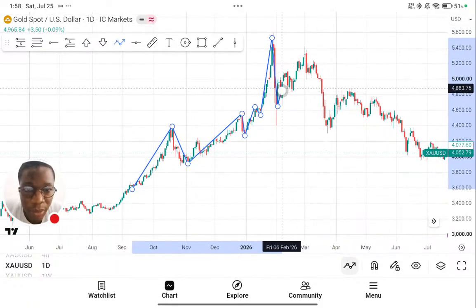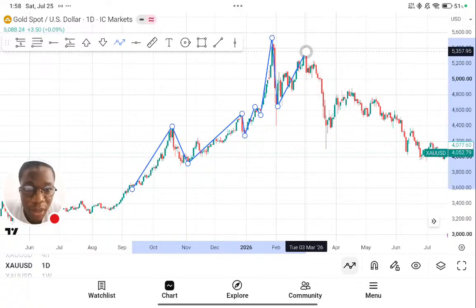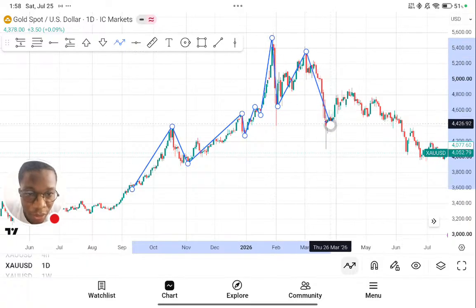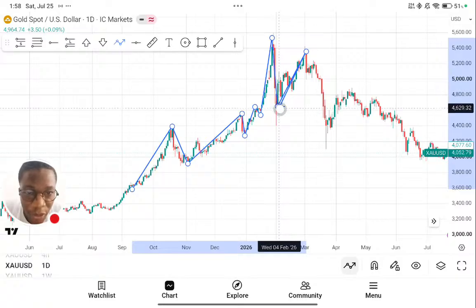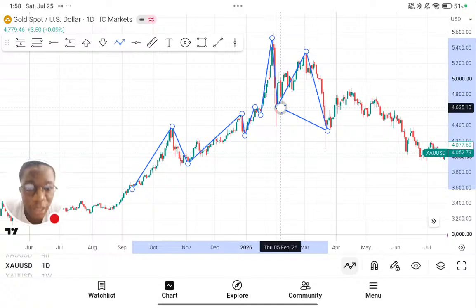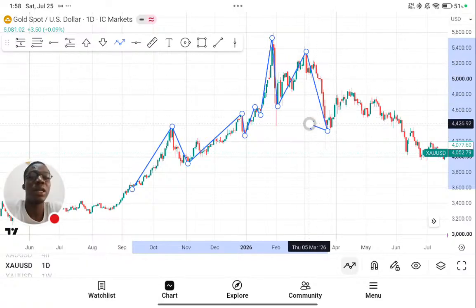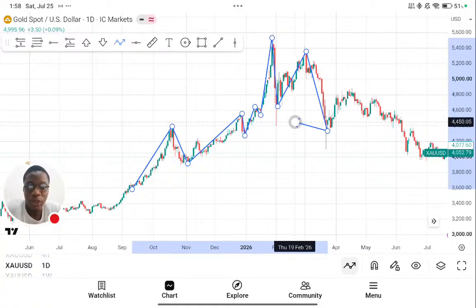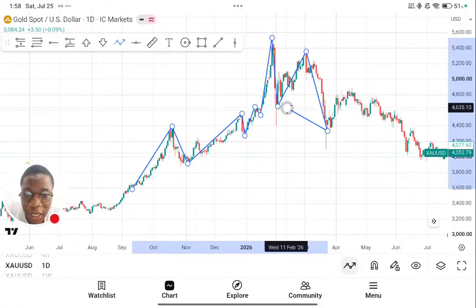Market came, built back up, but it couldn't make a new high. But then it now went ahead to break this previous low. It couldn't make a new high. It went on to break this low. This was an indication that something is happening. There's something happening for price to take out this low.